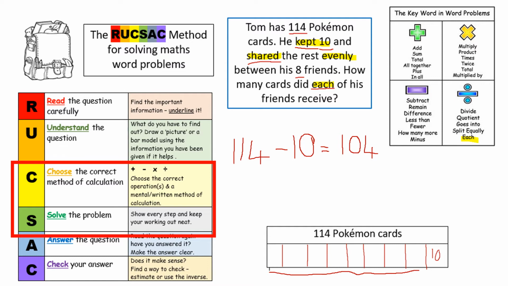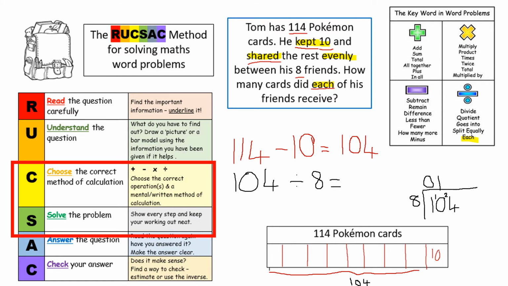I'm dividing the 104 cards between his 8 friends. That calculation is a bit trickier, so I'm going to use the bus stop method as a written method to help me solve it. So 8 doesn't go into 1. Carry that over. 8 goes into 10 once, with a remainder of 2.